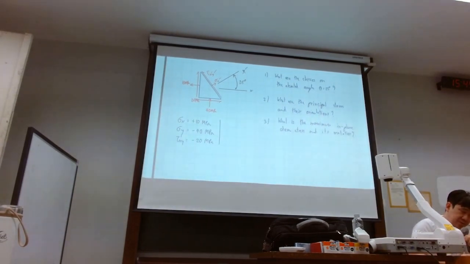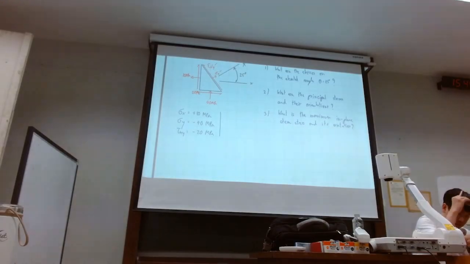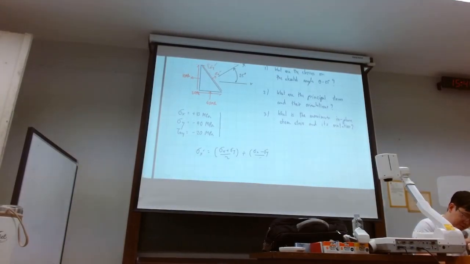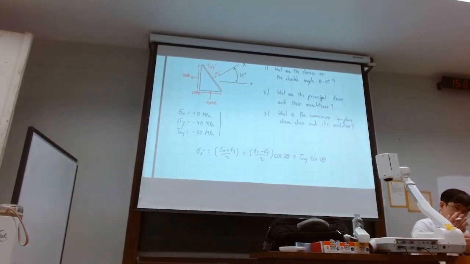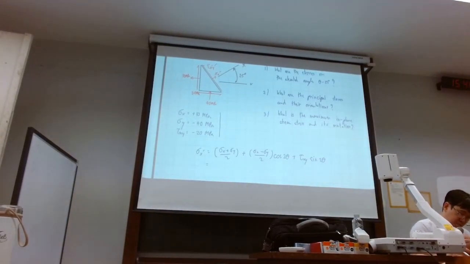So from here, we say sigma x prime is going to be sigma x plus sigma y over 2 plus sigma x minus sigma y over 2 cosine of the 2 theta plus tau xy sine of the 2 theta. If you write it several times, you will remember what it is.